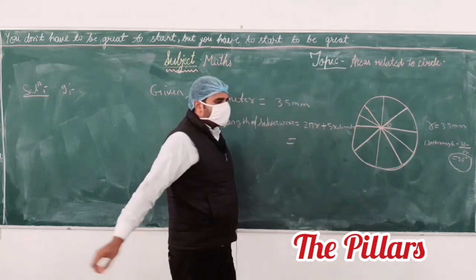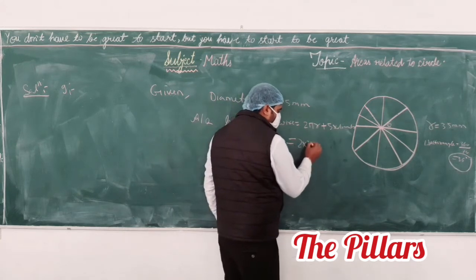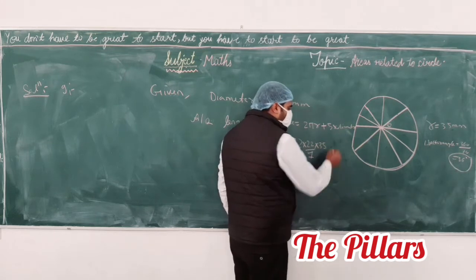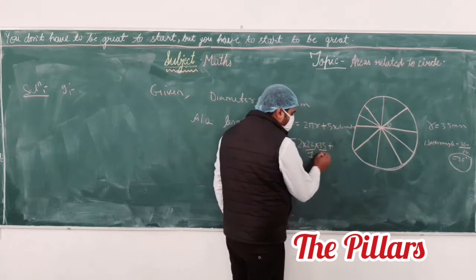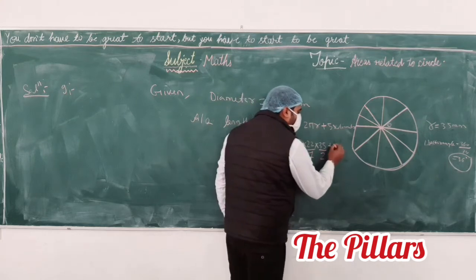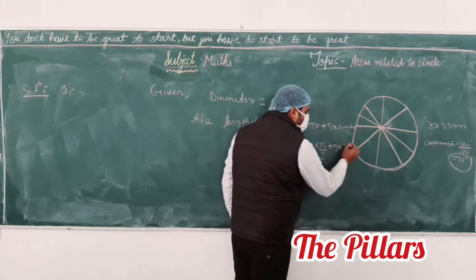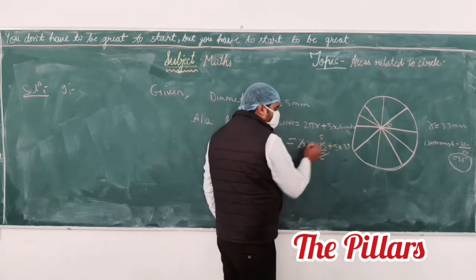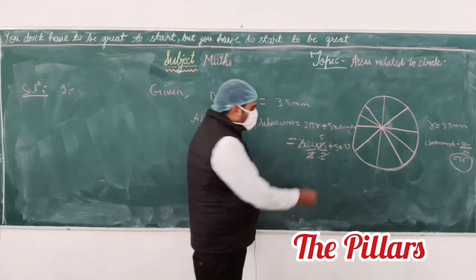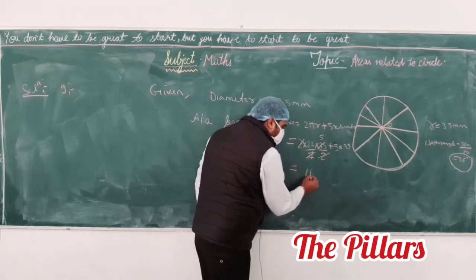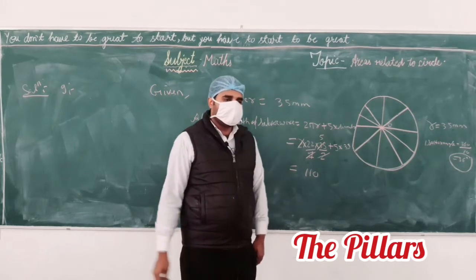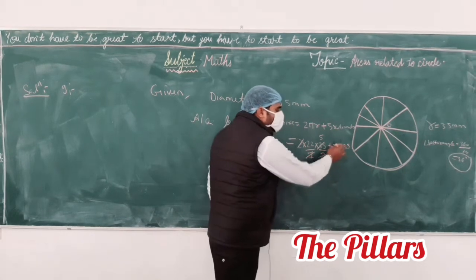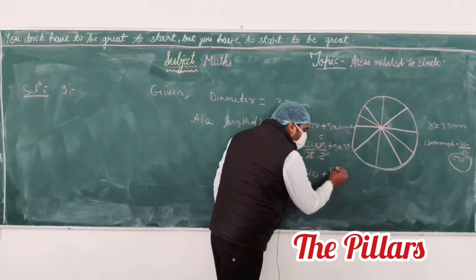This implies that this will be equal to 2 into 22 by 7 into the value of r, which is 35 by 2, plus 5 into the value of diameter, 35. 7 fives are 35, 2 and 2 cancel, 5 into 22 is 110, plus 35 into 5 is 175.